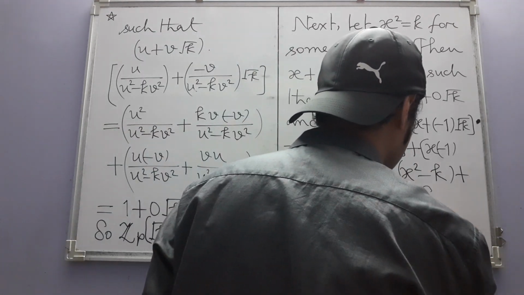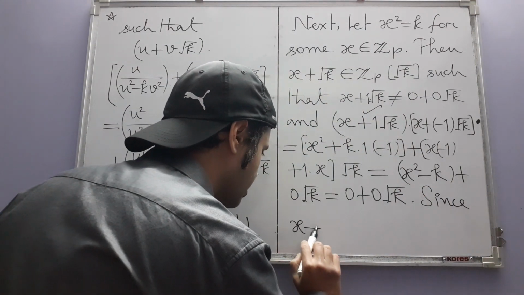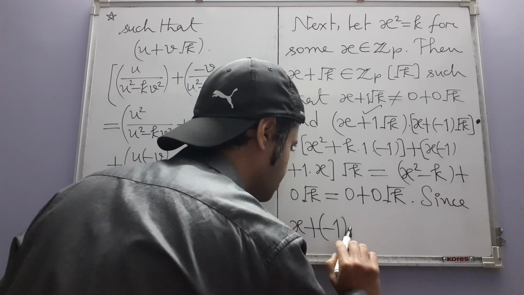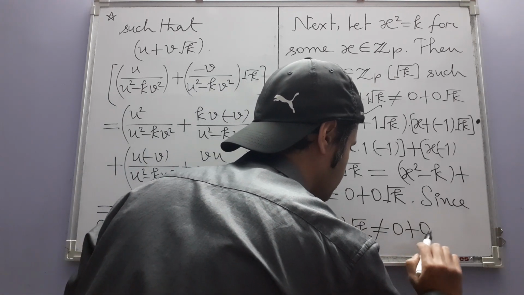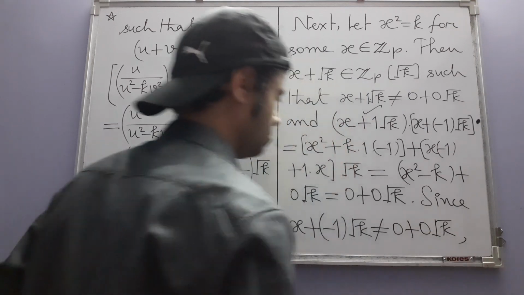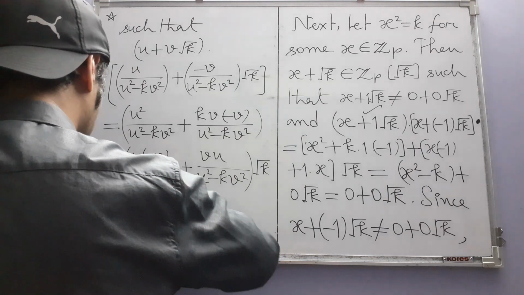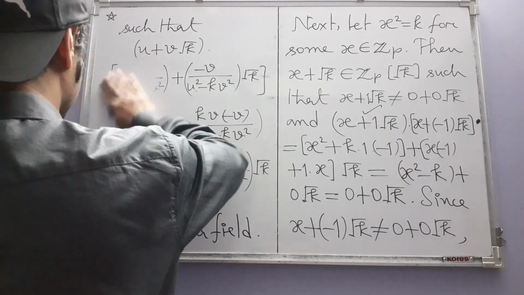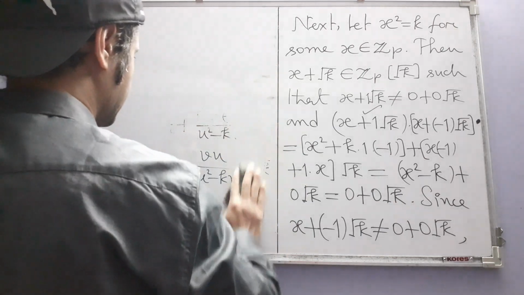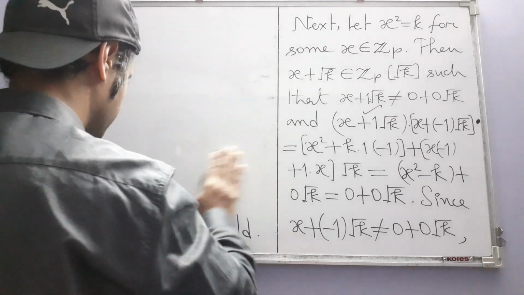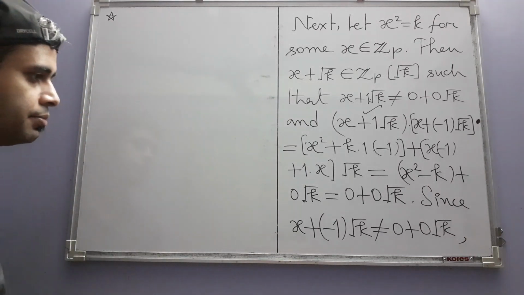So we can write that since x plus minus 1 root k is not equal to the 0 element in the ring, our x plus 1 root k is a 0 divisor. That means our ring is not an integral domain, and as a result it cannot be a field.